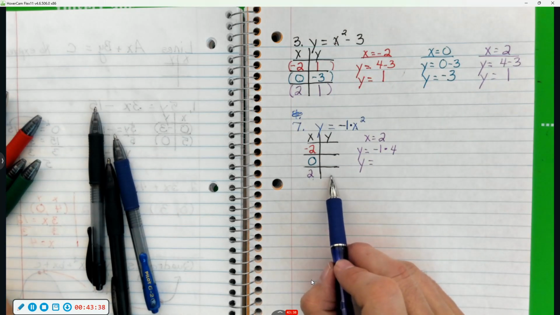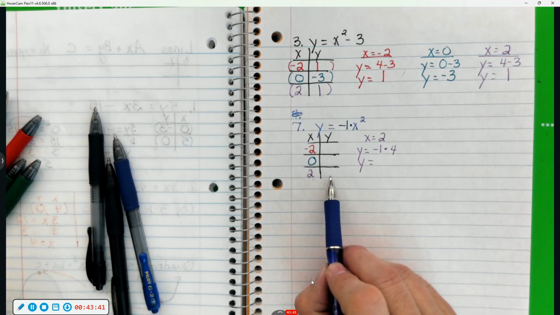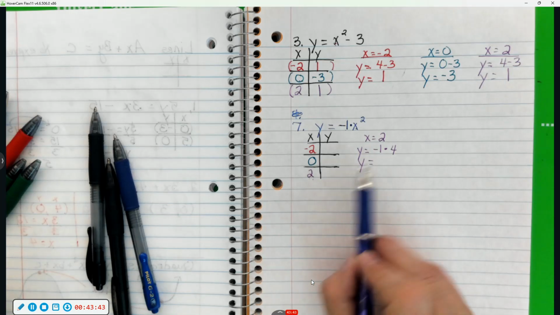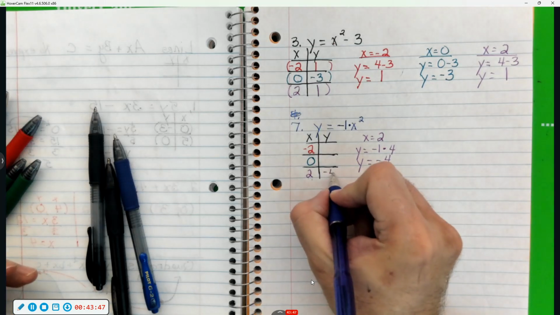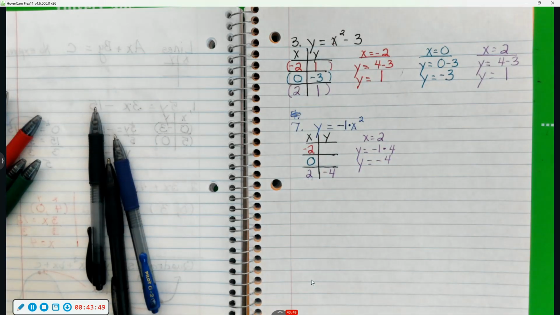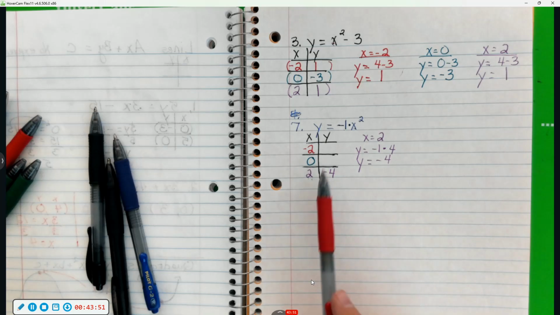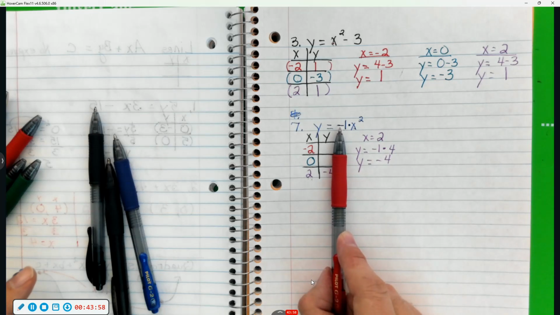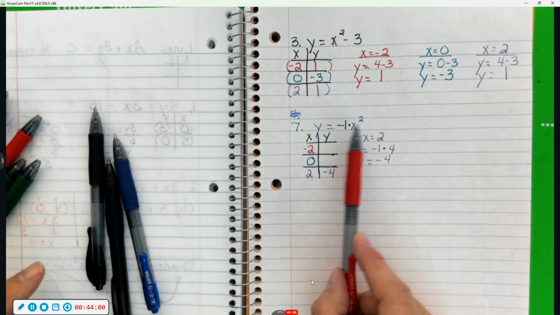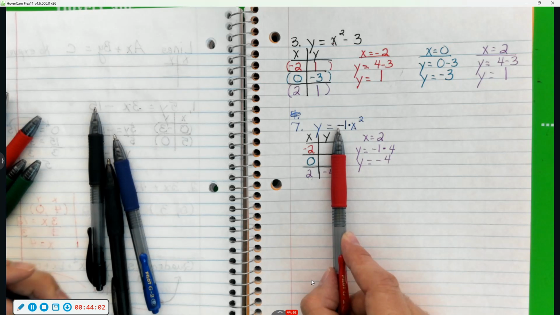I'll give you the choice. Is the answer 4 or -4? -4. Okay. You'll see why I'm getting this -4. That little minus in the front sure does change things up. You square and then multiply by -1.